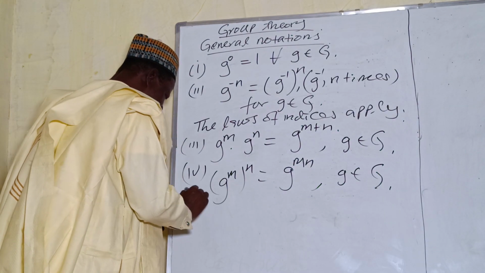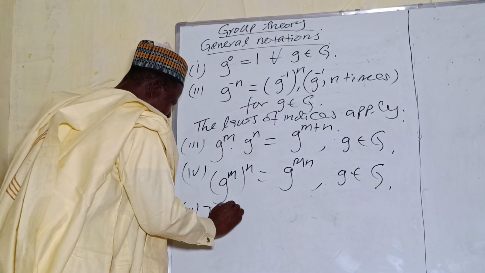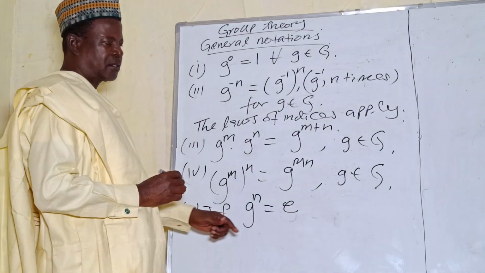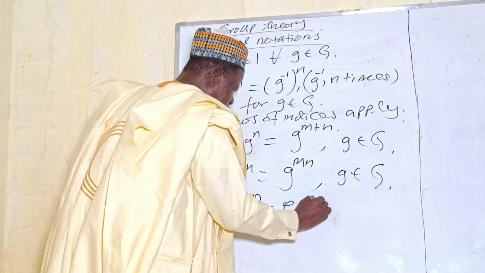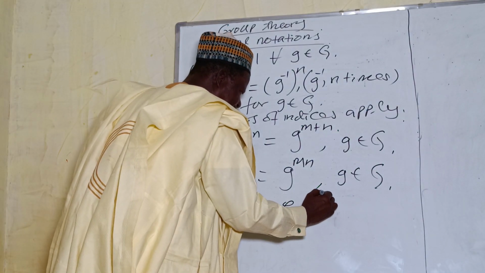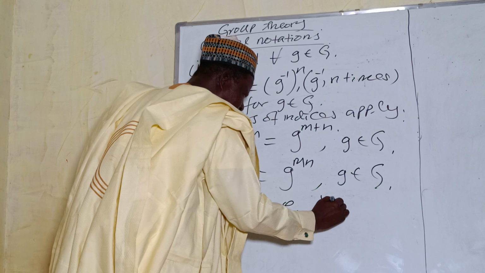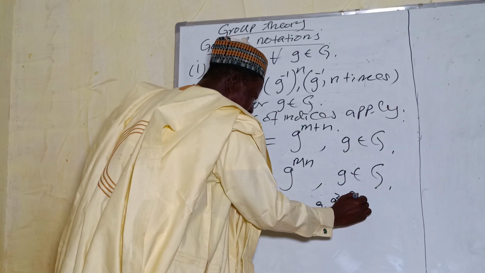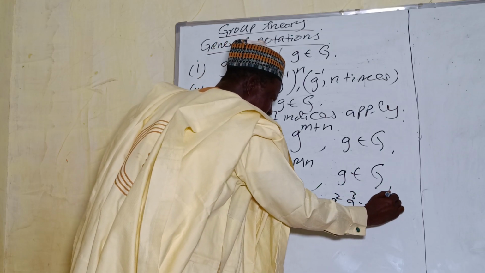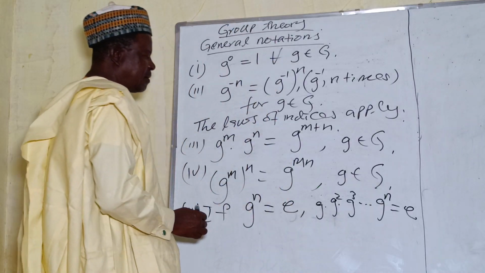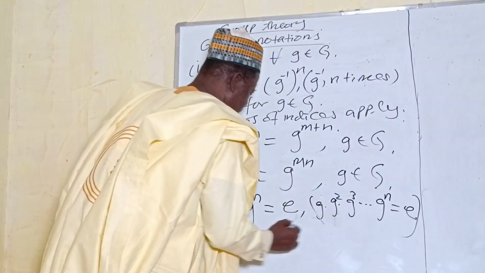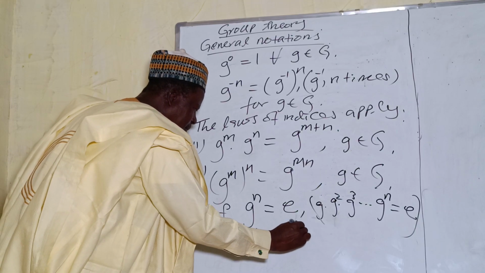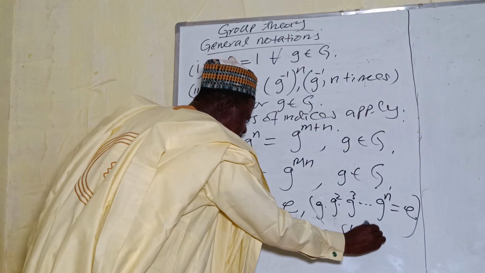Now number 5, if g raised to power n is equal to e, the identity element, so if you raise g, for example, g, g2, g3 and so on, when you reach n you get e, then you say n is the order of g.